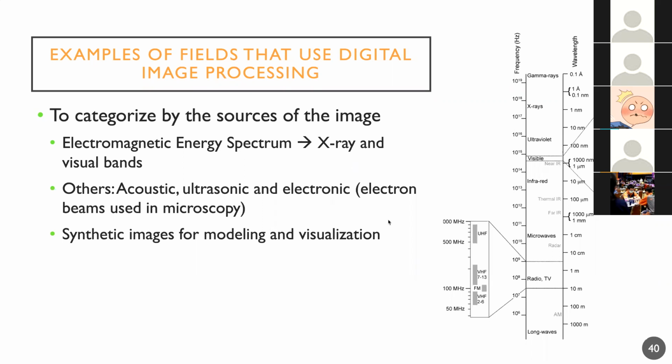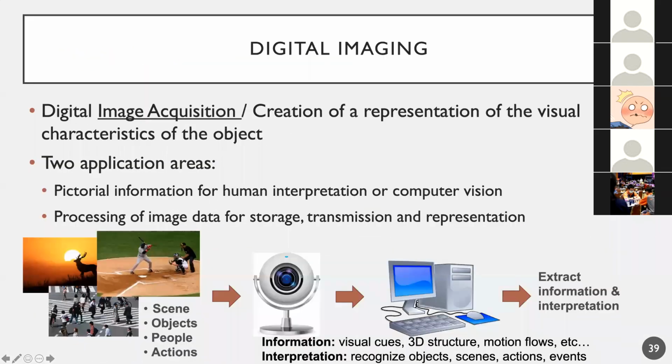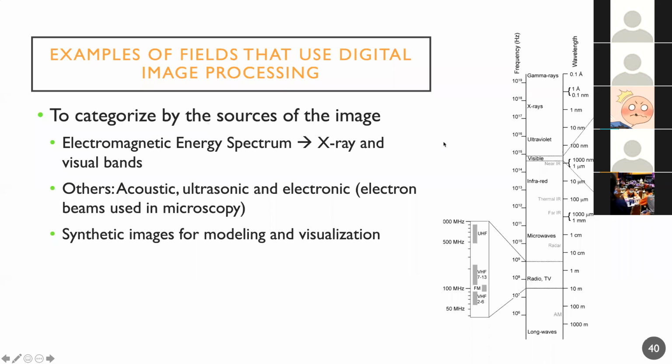But now we will talk about images that can be created by some other source. Why? Because I have mentioned that imaging is also about how an image is acquired. It could be acquired by a digital camera, or by some other electromagnetic wave as well. And it's not only the EM source, you can also use sound to create an image, for example acoustic signals or ultrasonic signals.